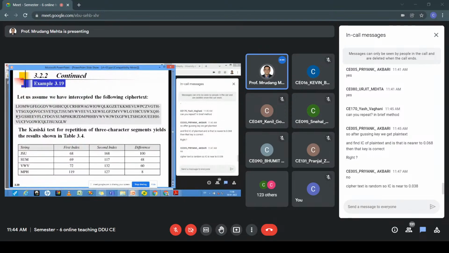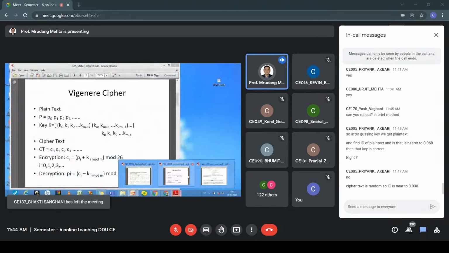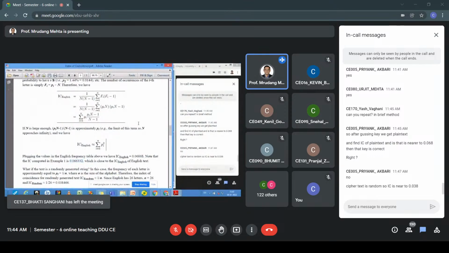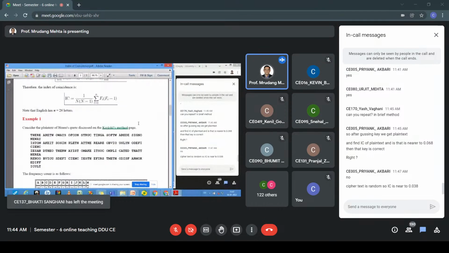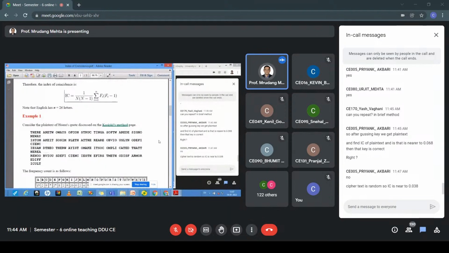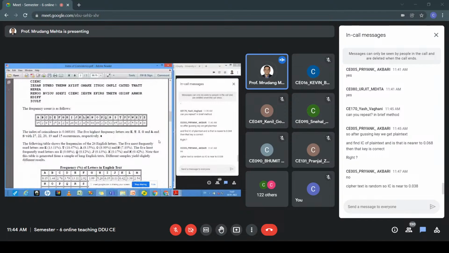Ciphertext is random. But here in this example, you see that for plain text, for the first example, this is not a random text. But its IC value is 0.06632.